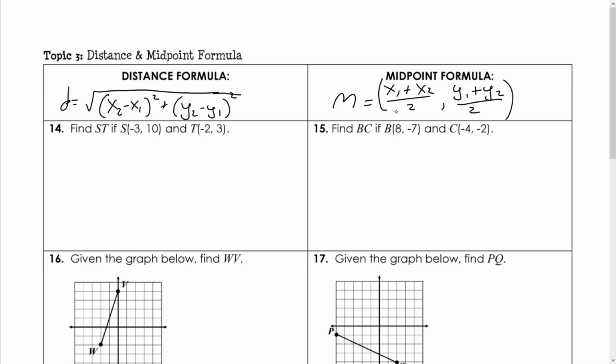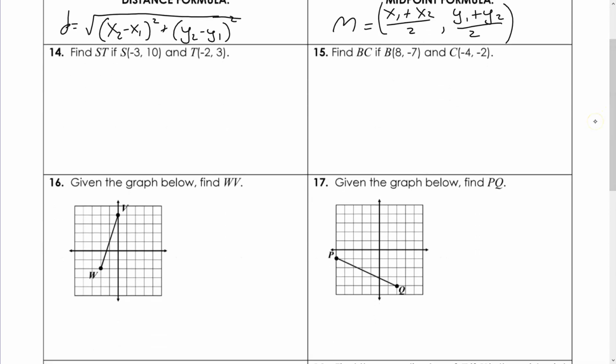Find BC if B is 8, comma, negative 7, and C is negative 4, negative 2.